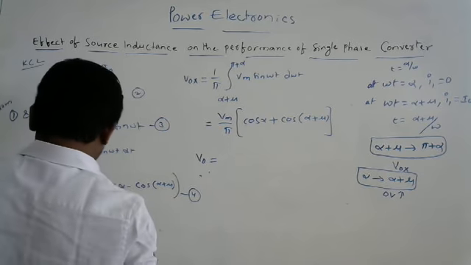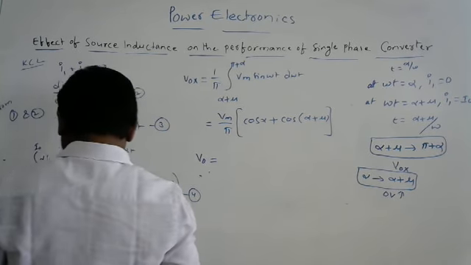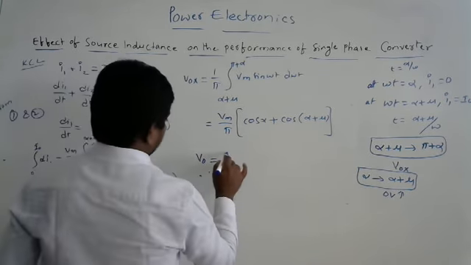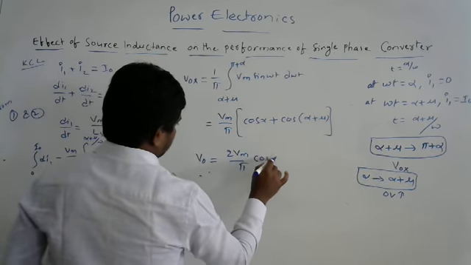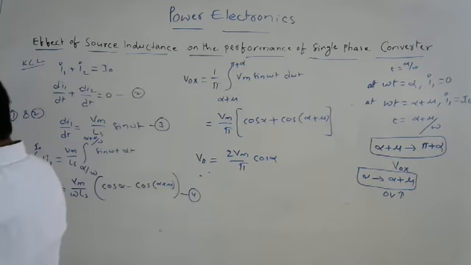So again we are going for calculating the V naught x. Generally what we call is 2Vm upon pi cos alpha. You can see this in case of RL load alone. V naught is equal to 2Vm upon pi cos alpha.